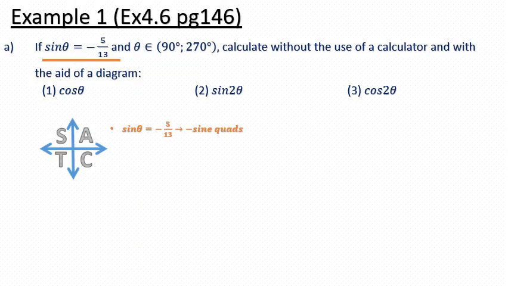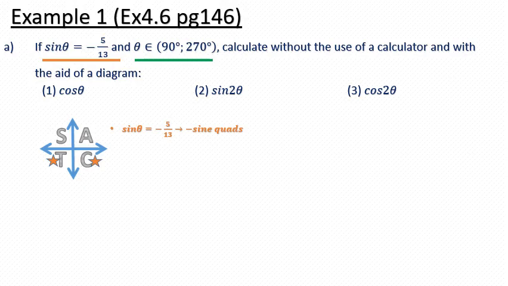In other words, sine theta is negative 5 over 13. So we need to go and put a little star or a dot or a tick or whatever you like in the negative sign quadrants. So that is quadrant 3 and quadrant 4. Now we move on to the next piece of information, and that is the interval that was given to us.